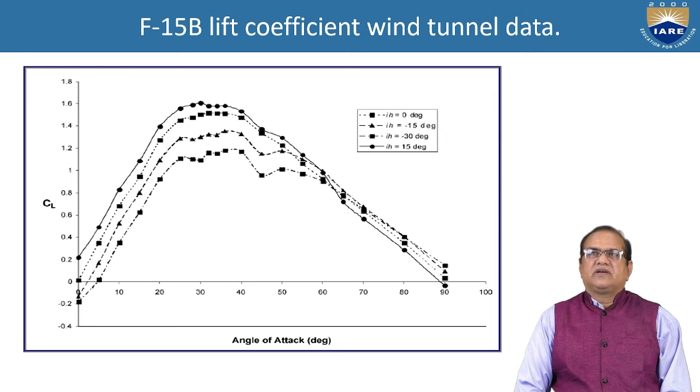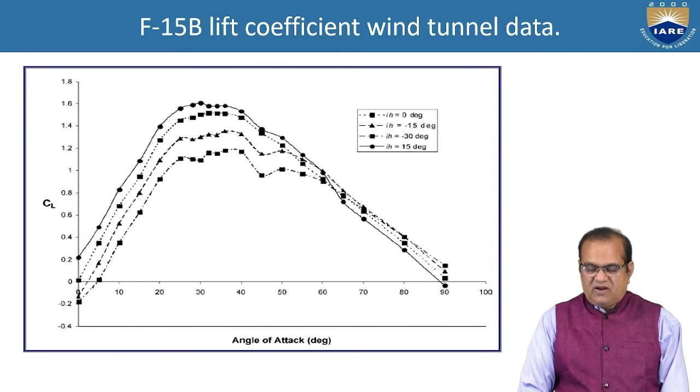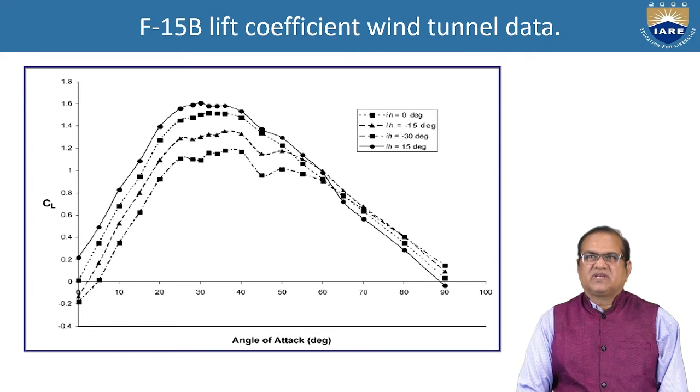As we have seen, this is the diagram of an F-15B for the lift coefficient, CL, and on the horizontal axis, the x-axis, we have the angle of attack. Angle of attack is ranging from 0 to 90 and coefficient of lift is ranging from 0 to 1.6 or 1.8.